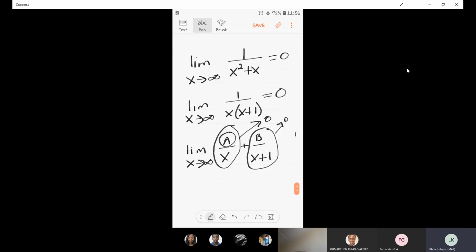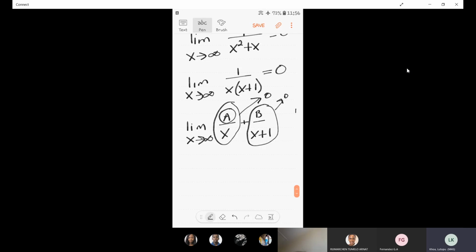Okay, so the short method of working out what a limit is when your x is going to infinity is like this. So let's say we have the limit as x goes to infinity of 5x squared plus 1 over 2x squared plus 2.